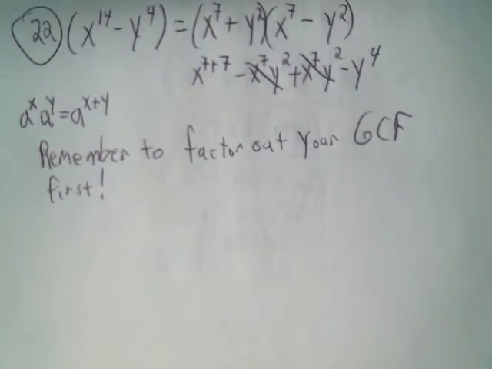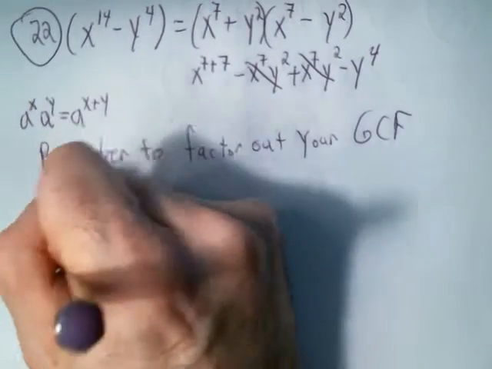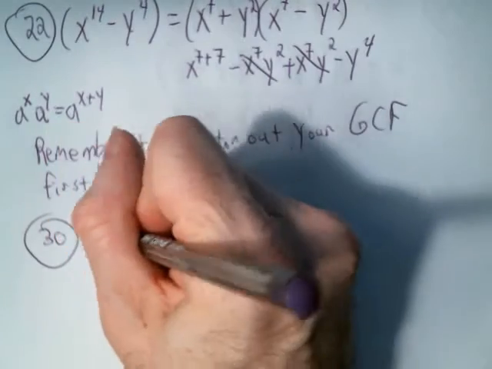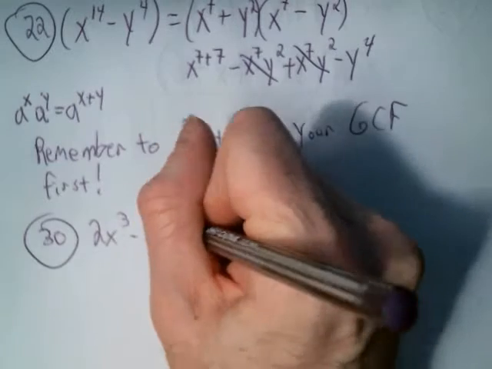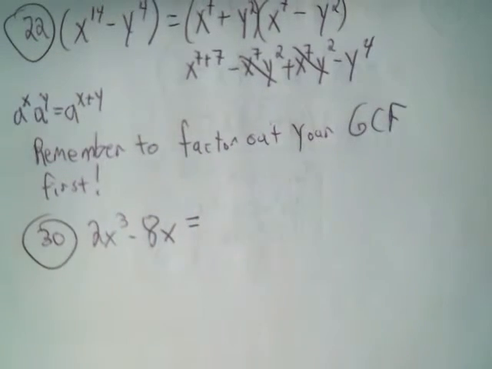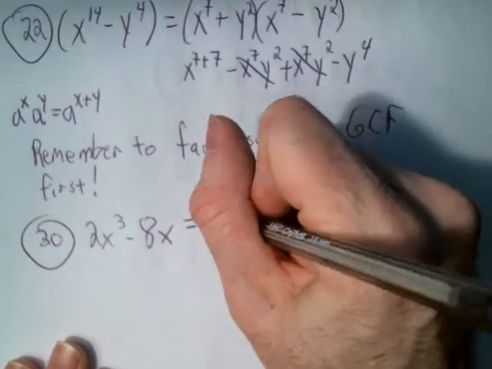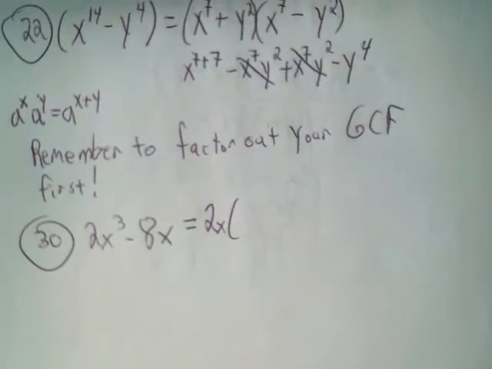Okay. So in particular, let's look at 30, and we have 2x cubed minus 8x. So you're thinking about what's the biggest number that divides into both of them, and it seems it's 2x. Okay, so we can pull a 2x out.